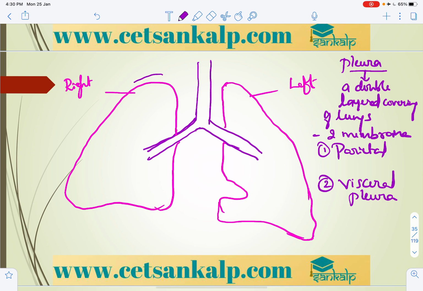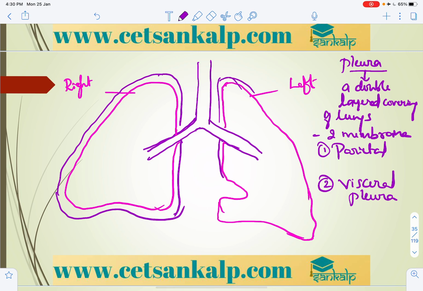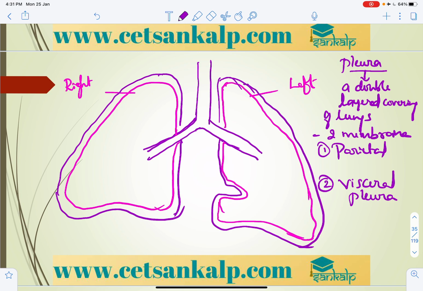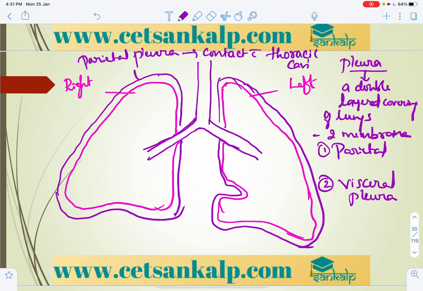It is the outer covering, which is in contact with the thoracic cavity. Just for a rough diagram, we can draw it on both sides. So the outer parietal pleura is towards the thoracic cavity.